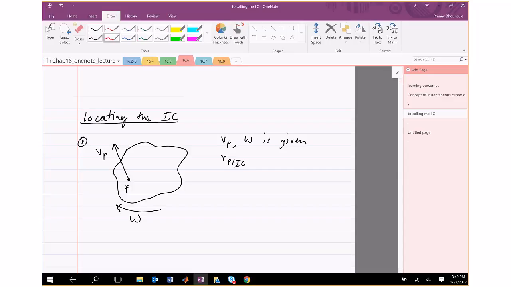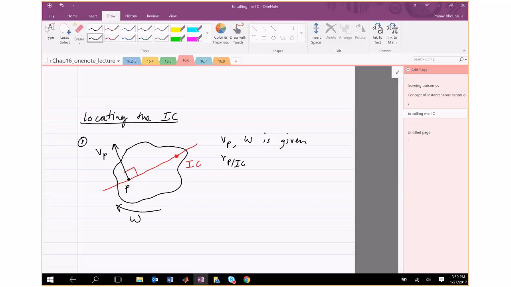All you got to do in this case is draw a line perpendicular to Vp, okay, and the IC would be on this line, right? You don't know the location. You know it's going to be on this line, but you don't know the exact position.